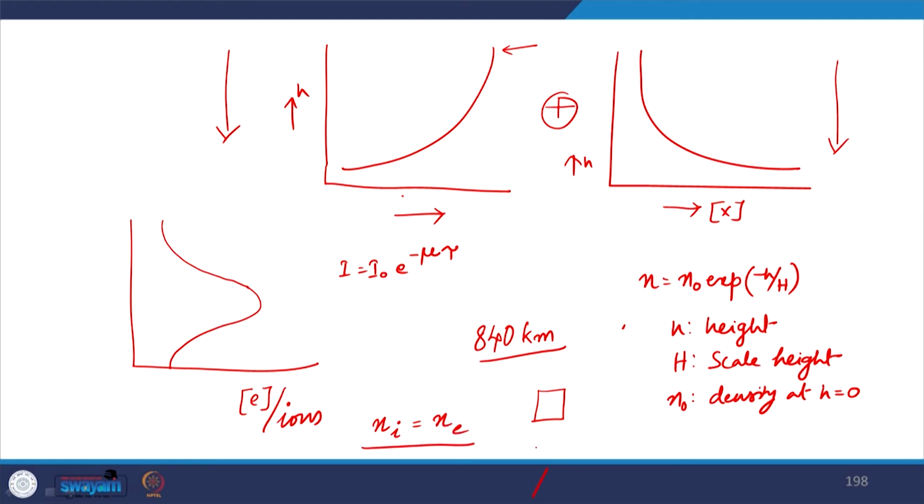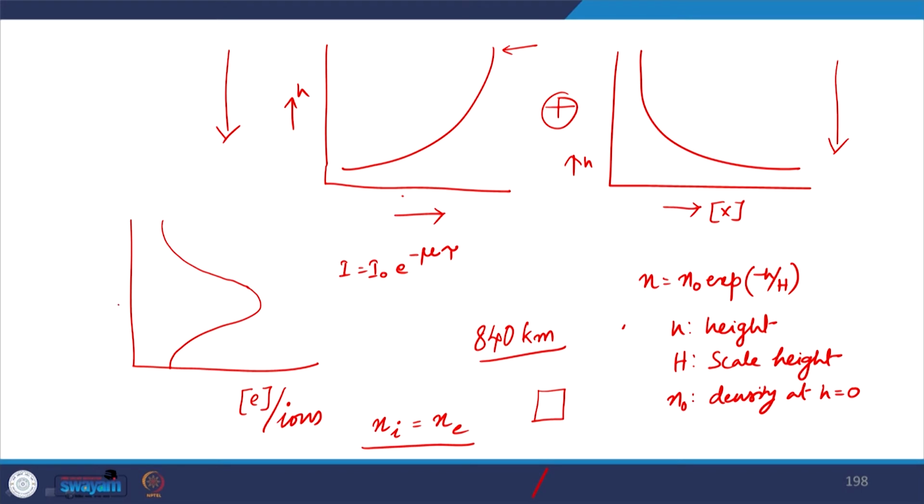As the radiation travels towards the surface, it encounters more and more atoms or molecules, but at the same time the available number of photons becomes less because of absorption. So these two things balance each other at a particular point.